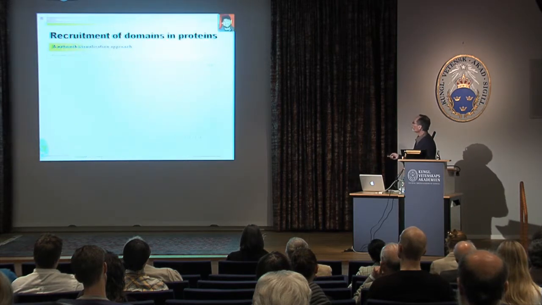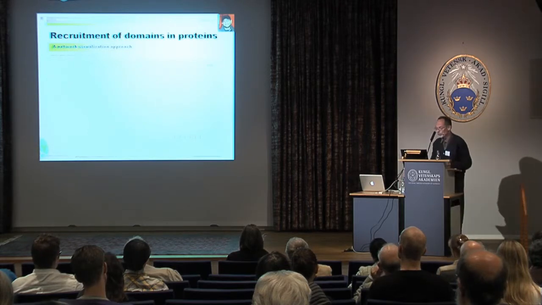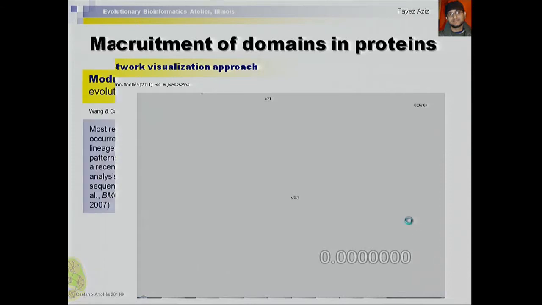So now Faiz Aziz in the lab has done a simulation of how this combinatorial game pans out, and what I want to show is this movie, if I can. Oh, there it is.